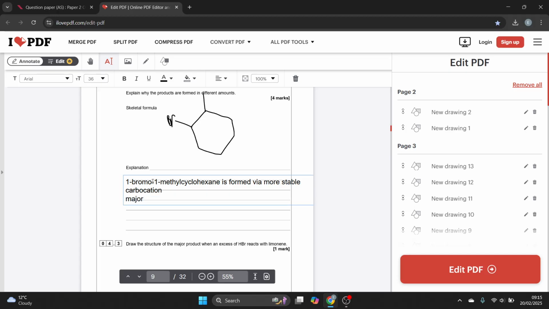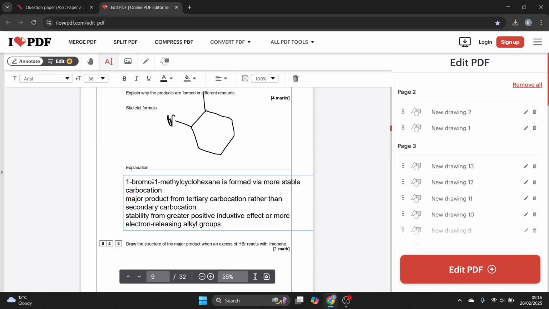Major product from a tertiary carbocation, like I said before, rather than a secondary carbocation, and therefore stability from greater positive inductive effect, or more electron-releasing alkyl groups.